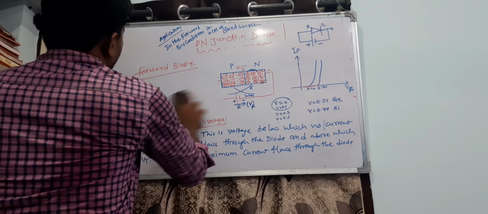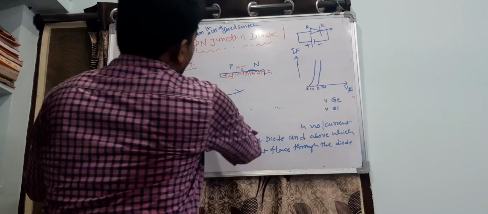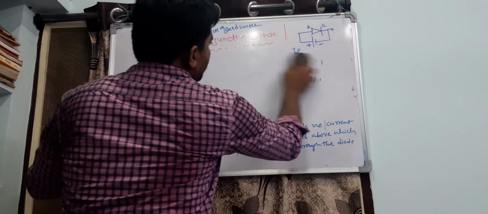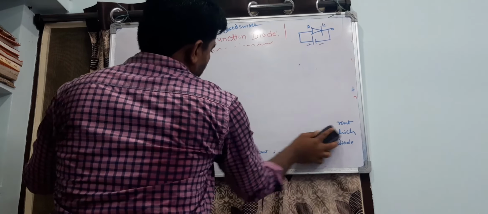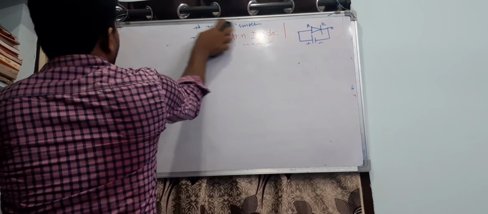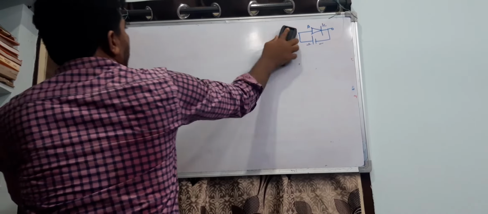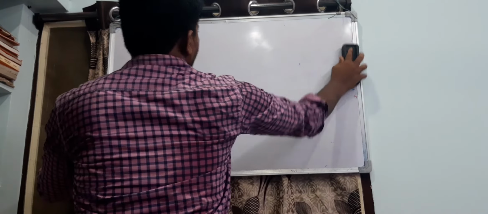Coming to the reverse bias condition. When the diode is said to be reverse biased, it means the anode voltage is less than the cathode voltage.